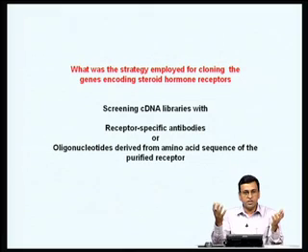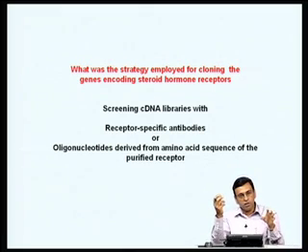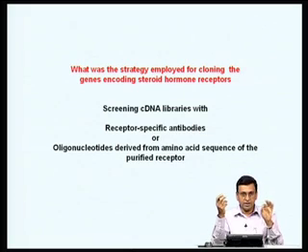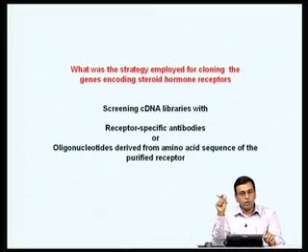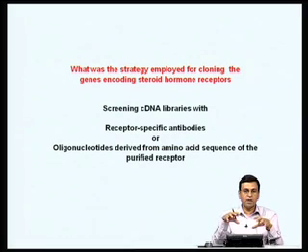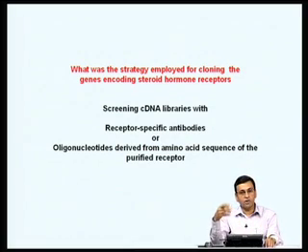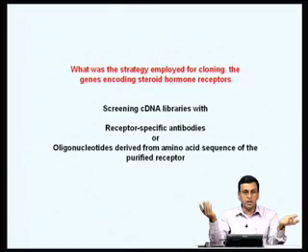Then you either probe this library with antibodies against specific receptors which have been purified from various cell types, or you make degenerate oligonucleotides corresponding to the amino acid sequence of specific receptors, and using either radio-labeled oligonucleotides or antibodies you can screen these phage cDNA libraries. That is how they could isolate these cDNA clones, and then you sequence the cDNA clone and deduce an amino acid sequence from the cDNA and see what kind of protein they are coding for.